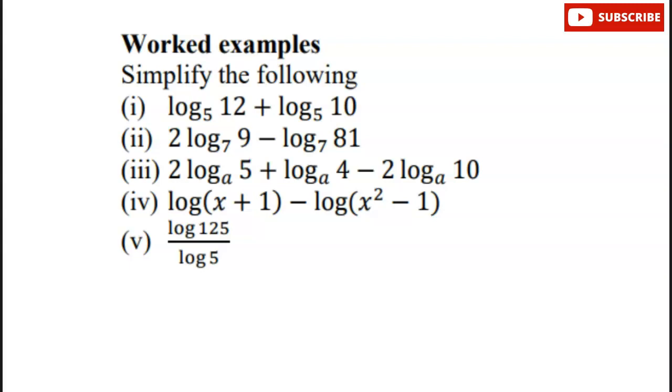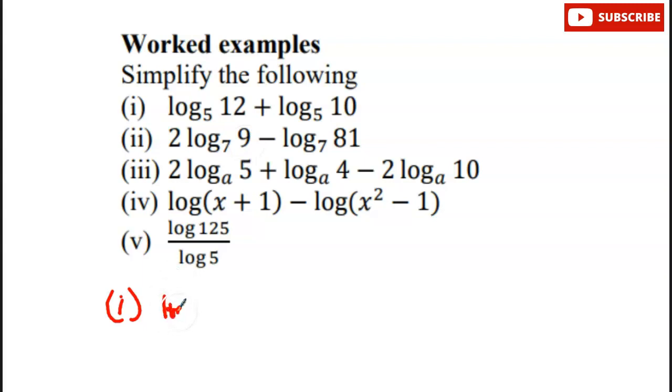Simplify the following. The first one, log 12 to the base 5 plus log 10 to the base 5. So let's check: base 5, base 5. The bases are the same. So since we are adding, according to law 1, we will multiply.